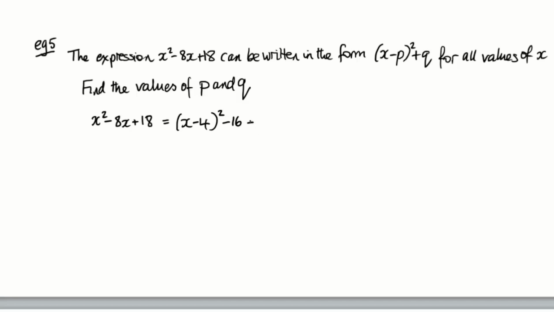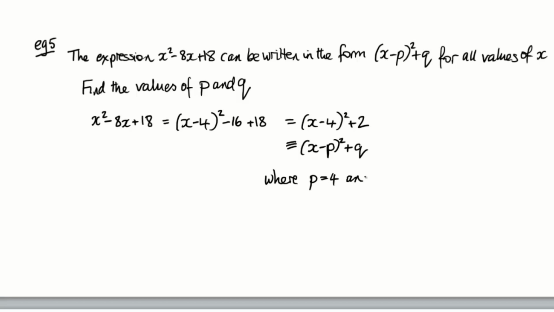And then add on what was there originally, and that gives us x take away 4 squared add 2. So we can say that's identically equal to x take away p squared add q, where p equals 4 and q equals 2.